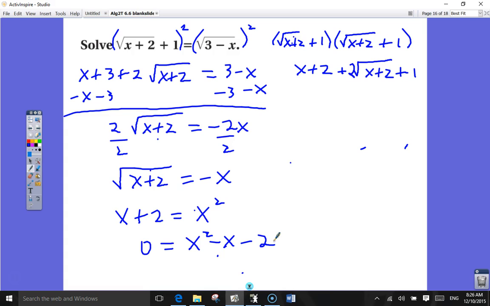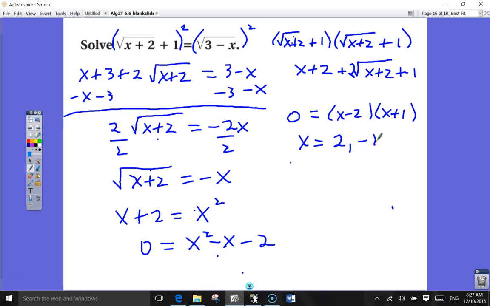How does that factor? Negative 2, positive 1. Right, so x equals positive 2 and negative 1.